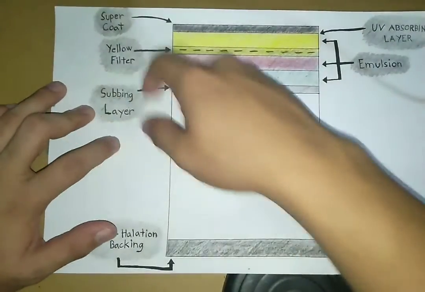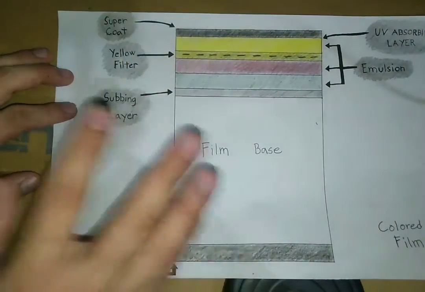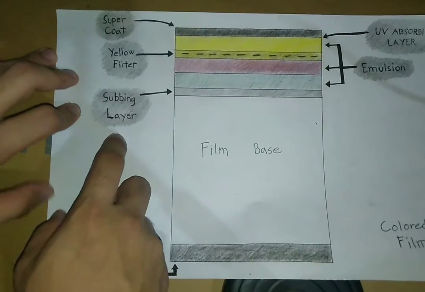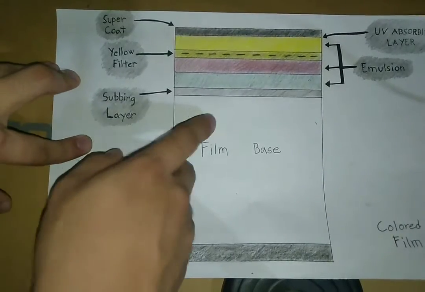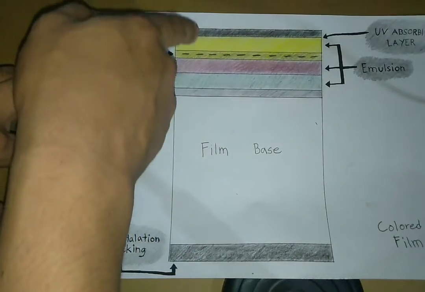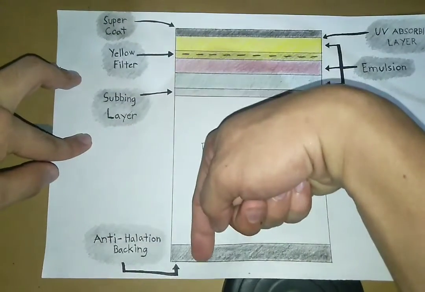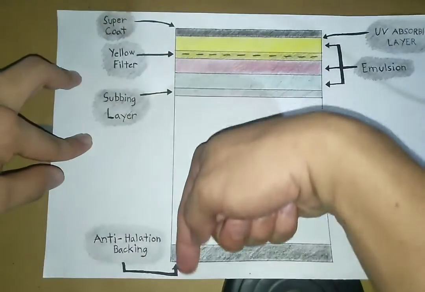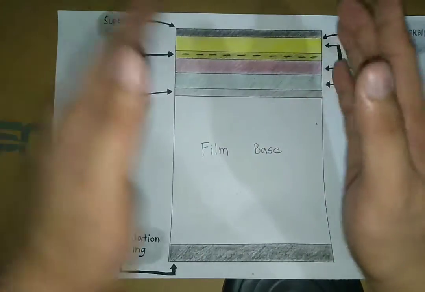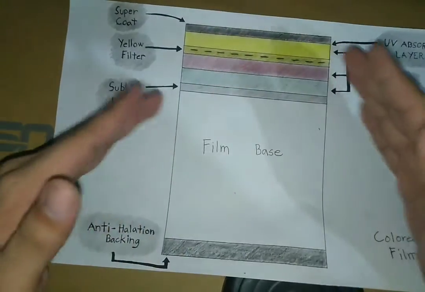So the help of the subbing layer, wala malilito, is to help the light that passes in here up to here and then down on here to be more centric, not to be scattered.